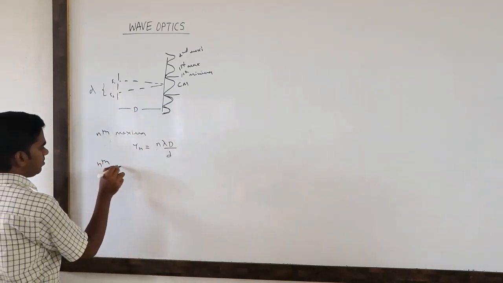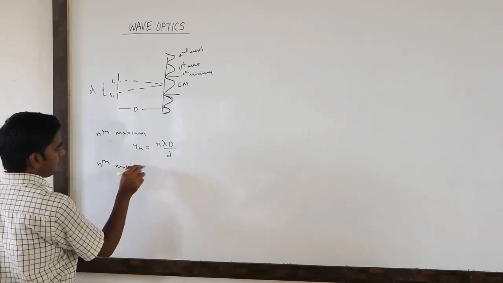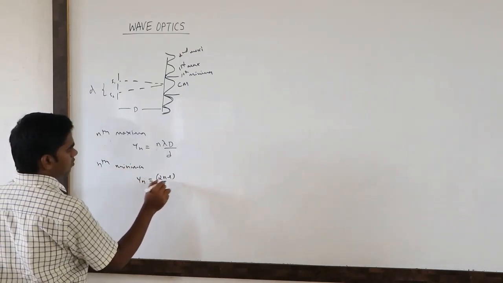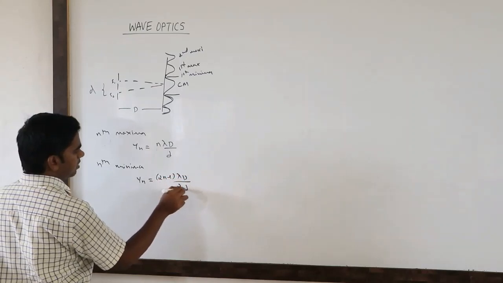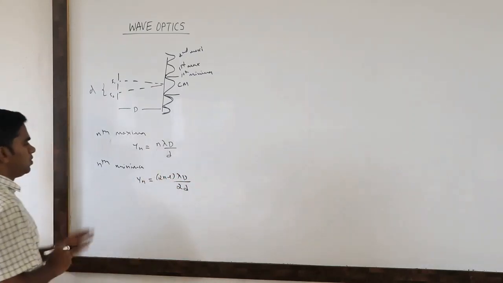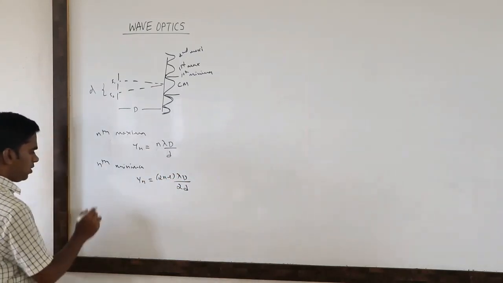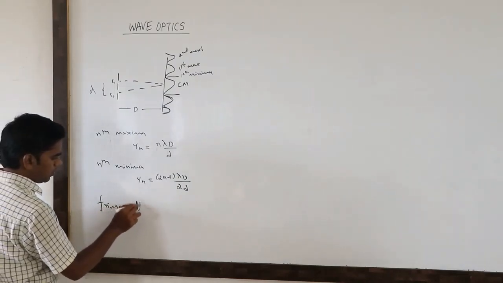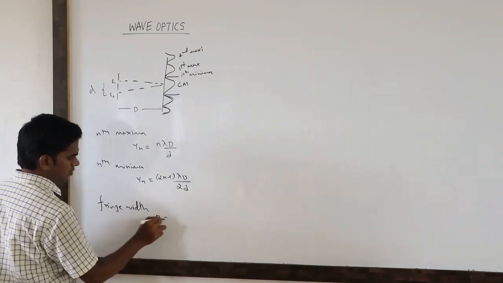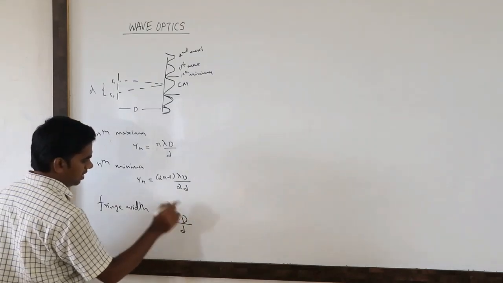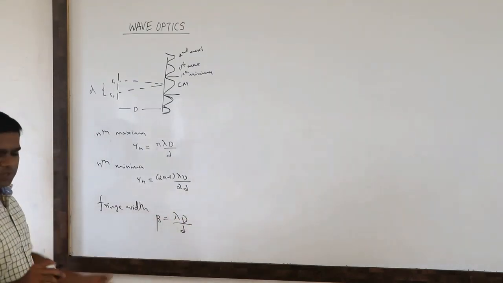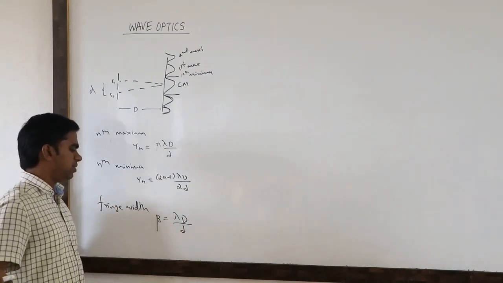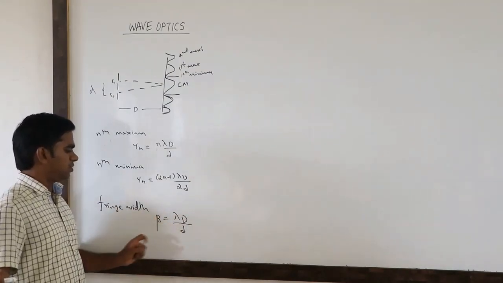Similarly, the distance of the nth minima is yn equals (2n minus 1) lambda D divided by 2d. We also got the fringe width, beta equals lambda D divided by d. It does not depend on the number of the fringe. All the fringes have the same width, because d, lambda and D are constant.